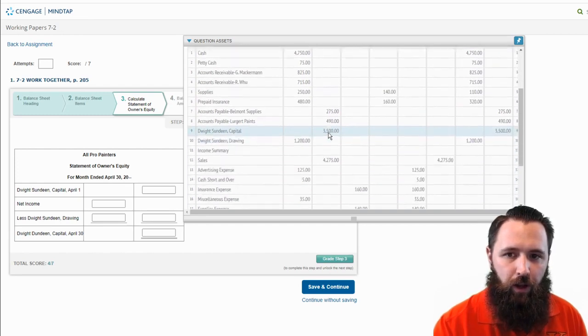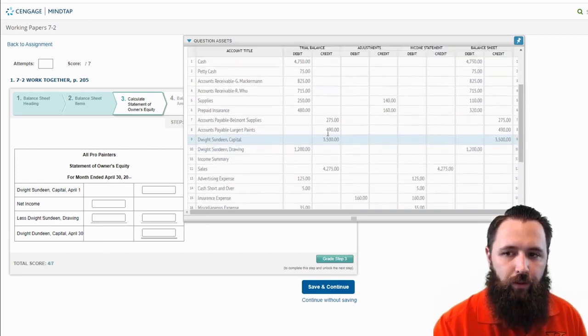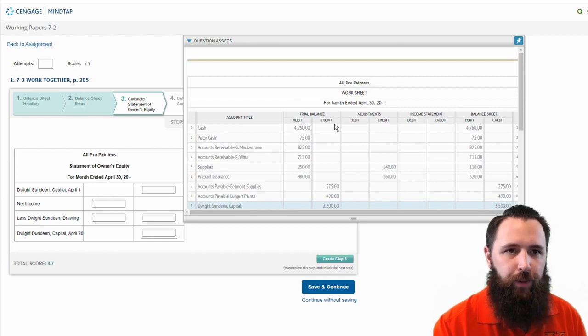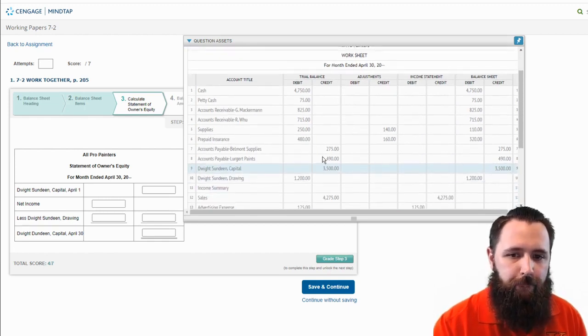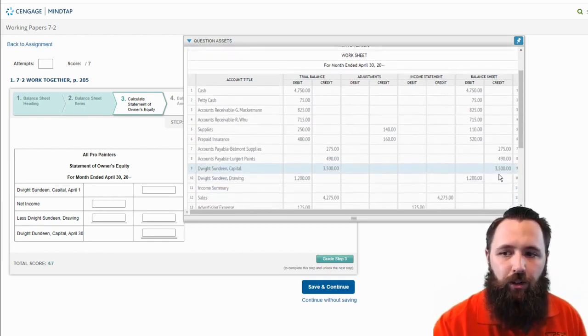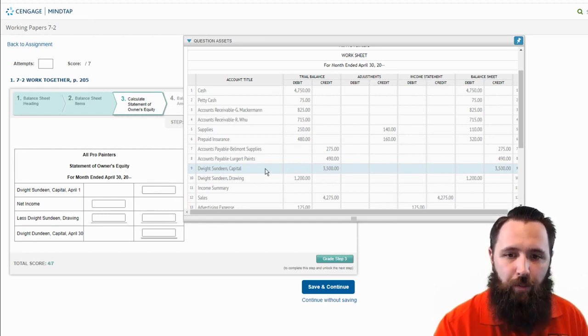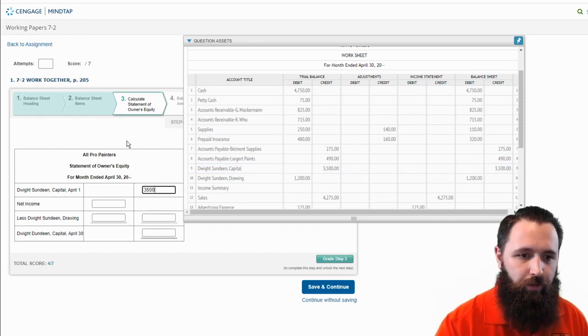Okay. So remember, at the end of the month we make this adjustment, right? And you could even look at the balance sheet credit. We're going to make an adjustment for this balance because this is from April 1st, and we are going to calculate it for April 30th.